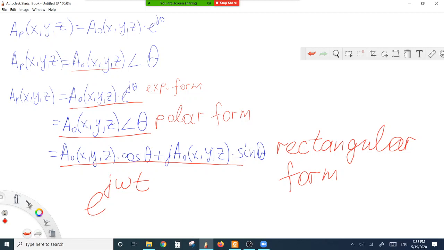So when we need to convert phasors to time, the term e to the j omega t is simply added to our equation.